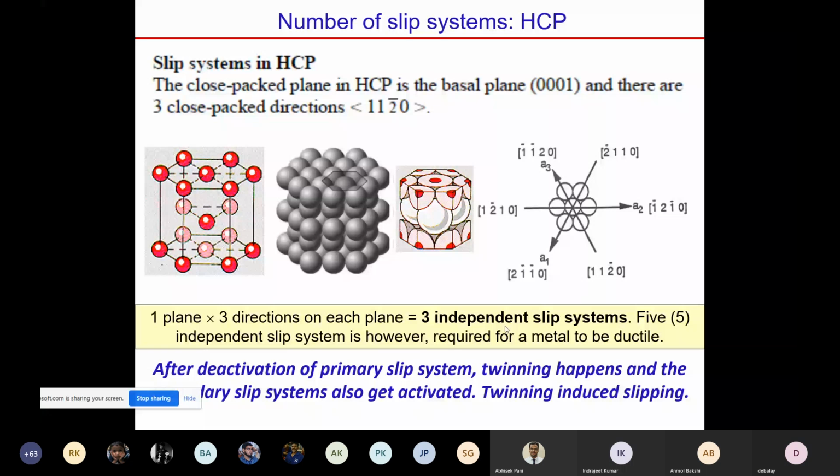Why low? Because at low temperature, dislocation movement is restricted. Very right. Similarly, if the strain rate is very high, then also dislocation movement will be difficult.